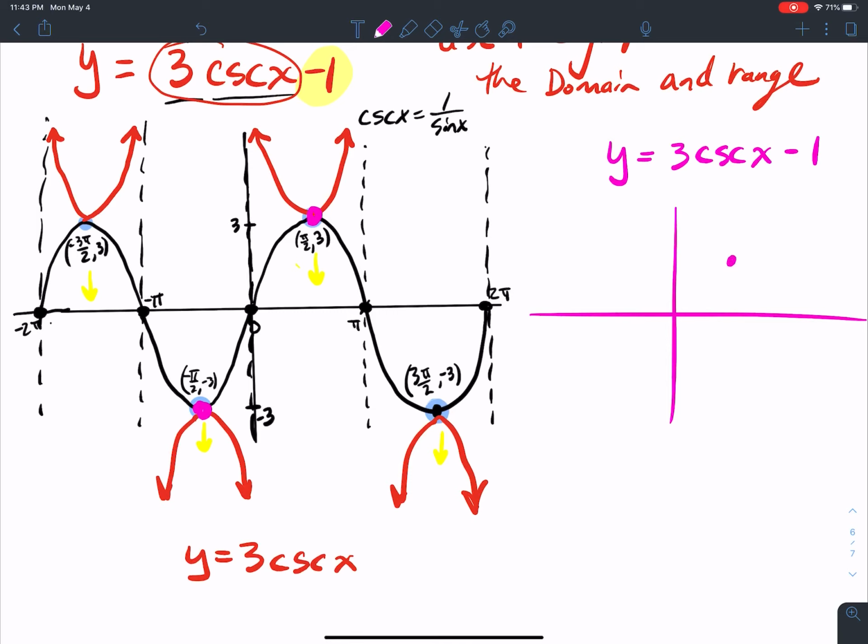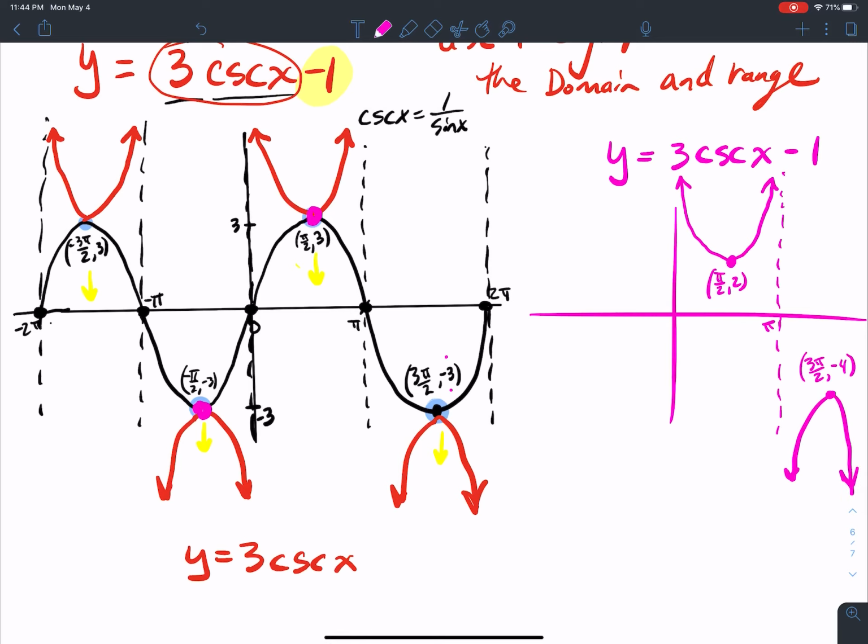Where are my critical points at? Well, I have one of them here at pi over 2 comma 2. So it goes up like this. Vertical asymptotes at pi. And then if I shift this down 1, that becomes from negative 3 to negative 4. So down here, I have 3 pi over 2 comma negative 4.